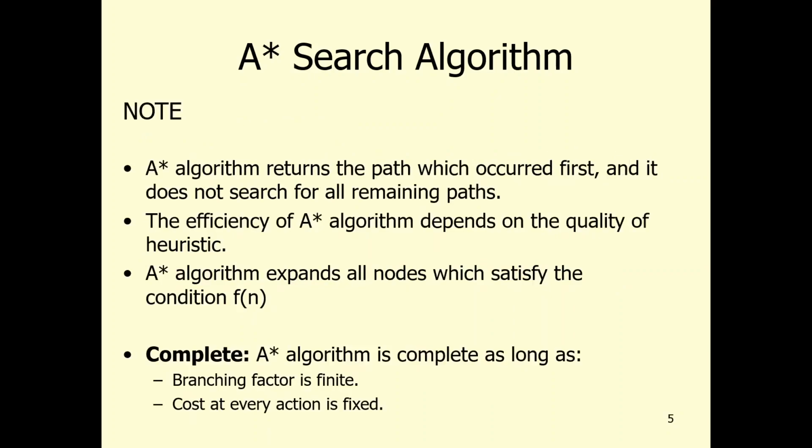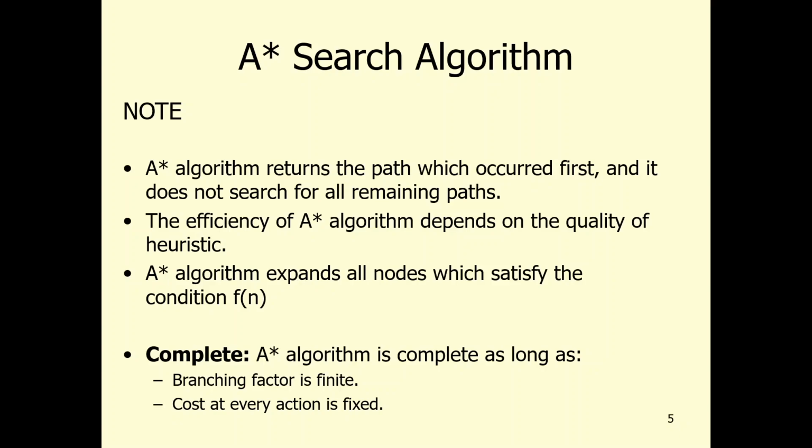There are some points to be remembered about A star search algorithm. A star algorithm returns the path which occurred first and it does not search for all remaining paths. Hence, it covers less search space and becomes faster than best first search.